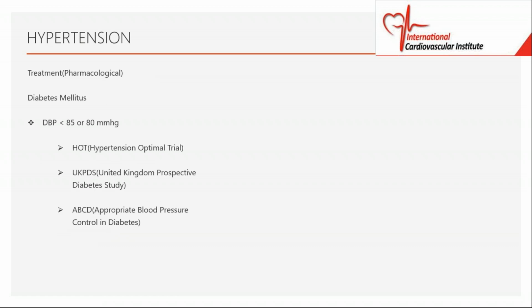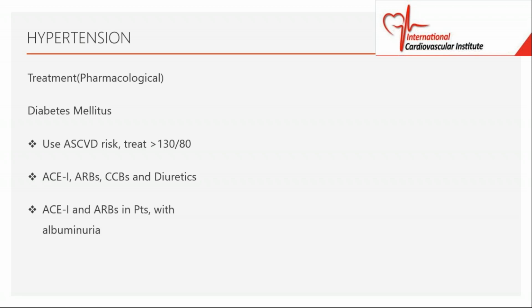There are a number of studies that show you should try to get the blood pressure below 80 or 85 diastolic: the HOT trial, the UKPDS, and the ABCD trial. These are all trials that show that you should get the blood pressure down.